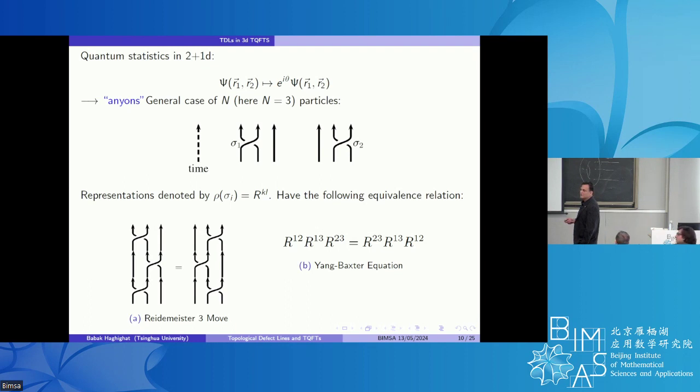Why can't I think of that loop as, say, ten compositions of little arcs? Well, I think one loop is just enough. If you do just one loop, you can slide it off and it's just identity, so you get boson or fermion.